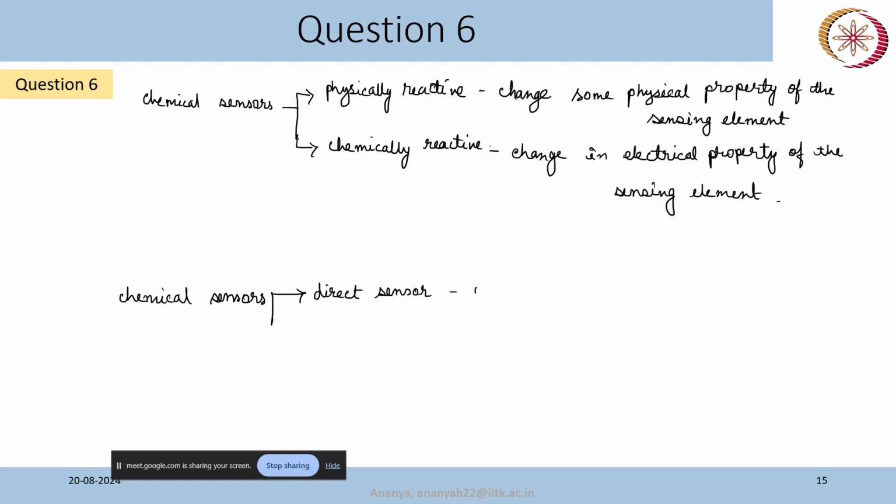Here the output is electrical signal, and in case of indirect sensor, output is converted to electrical signal with the help of a transistor.